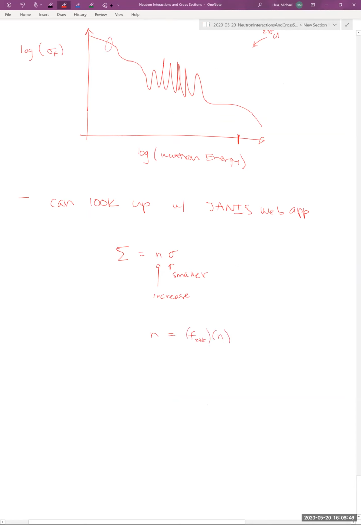Well, sorry, I'm going to mix up subscripts. So I guess in words, because the microscopic cross-section is smaller, to make the macroscopic cross-section scale up, you increase the enrichment, or increase the amount of uranium-235, so that the macroscopic cross-section does not decrease too much.